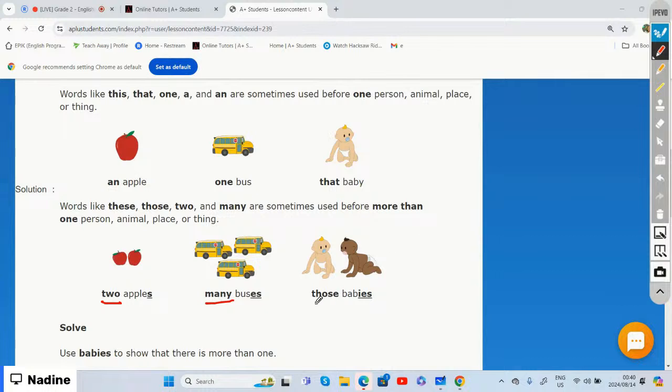And those babies, because now we are not just referring to one baby, we're referring to more than one baby. So we're referring to those babies that are playing over there.